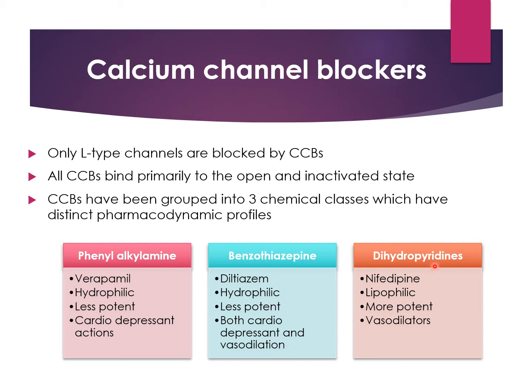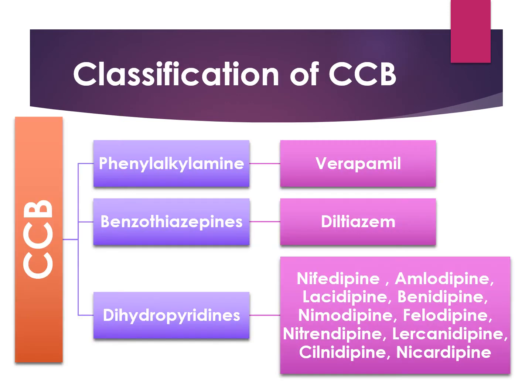Coming to dihydropyridines, the example is nifedipine. It is lipophilic and a more potent vasodilator. In the current session, we will be discussing phenylalkylamines and benzothiazepines, and in the next session, let us discuss dihydropyridines.